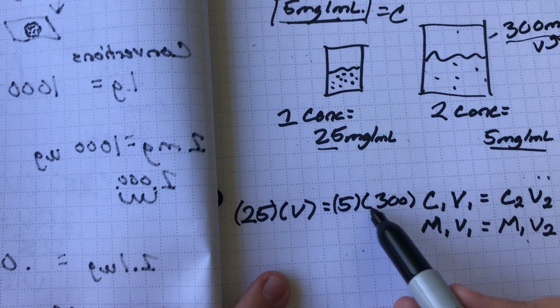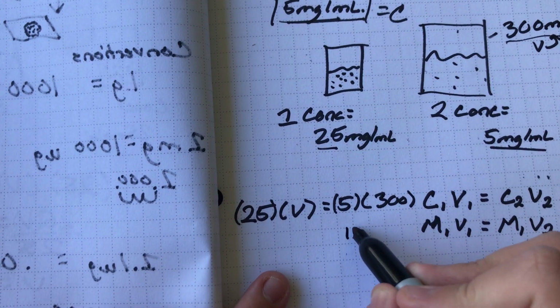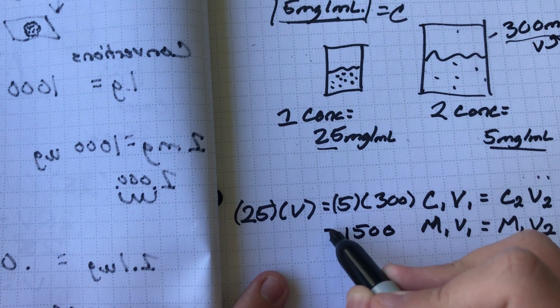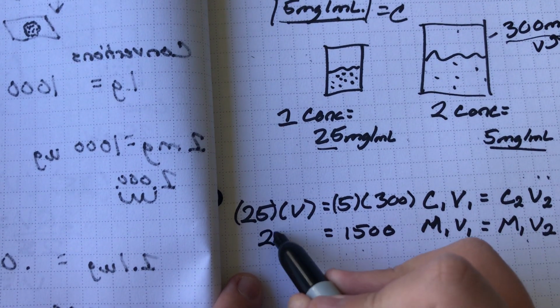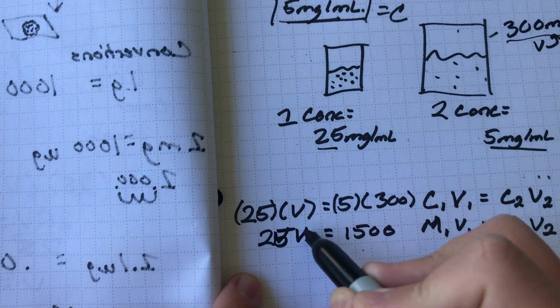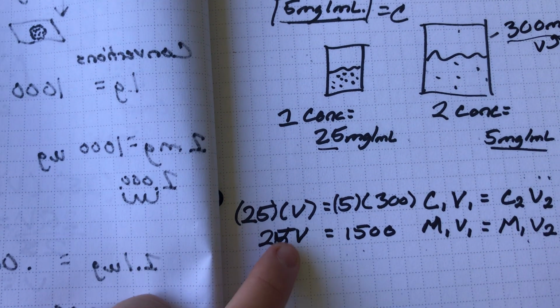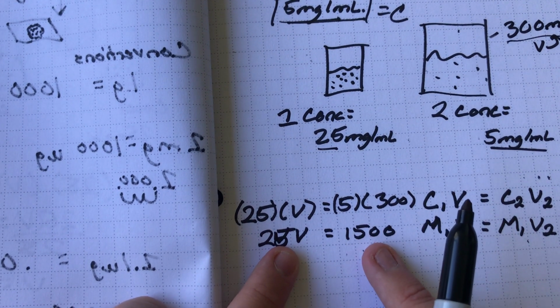So, once we multiply these together, we get 1500 is equal to 25V, right? That's 25V is equal to 1500.